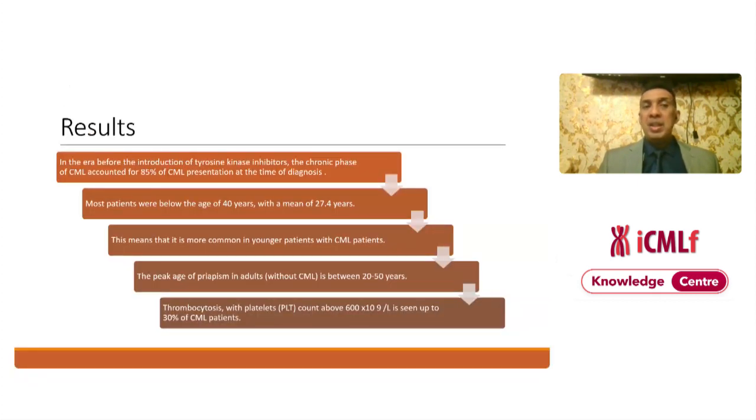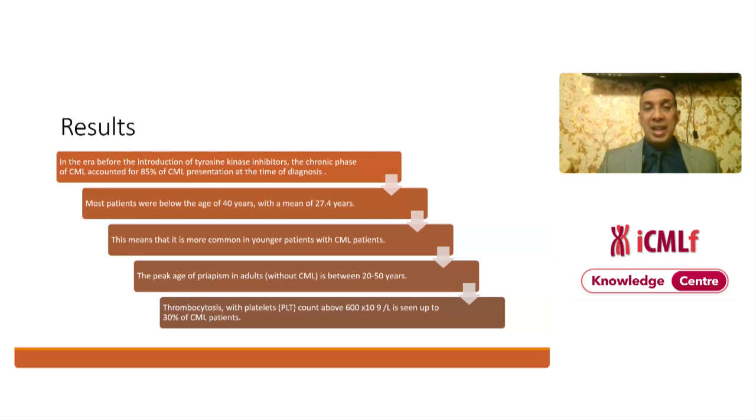So in the era before the introduction of tyrosine kinase inhibitors, the chronic phase of chronic myeloid leukemia accounted for 85% of presentations at the time of diagnosis. Most patients were below the age of 40 years, with a mean of 27.4 years.